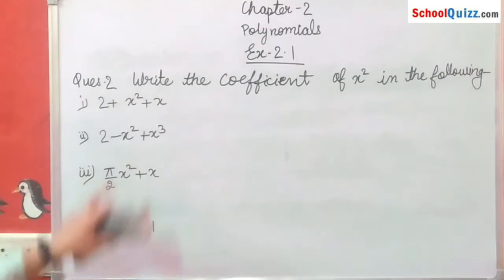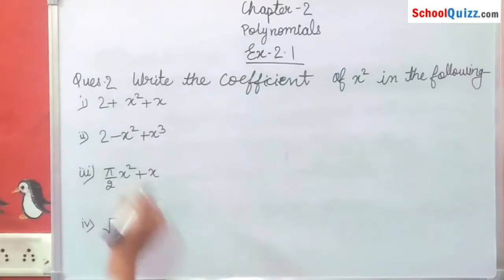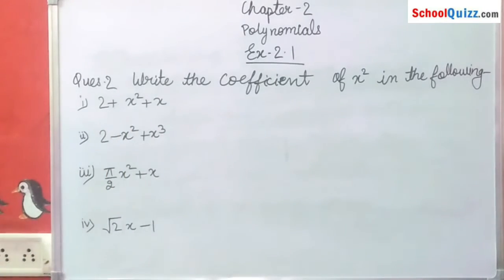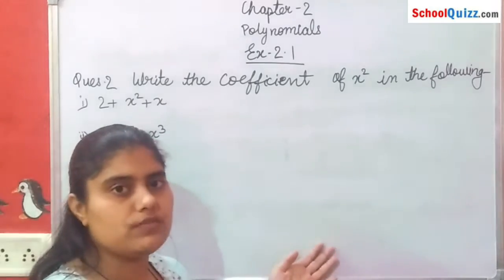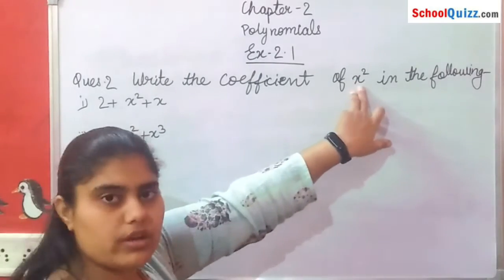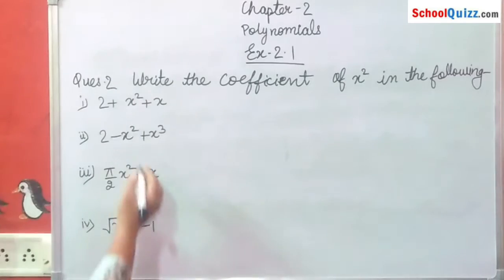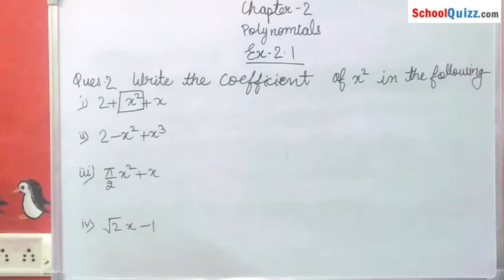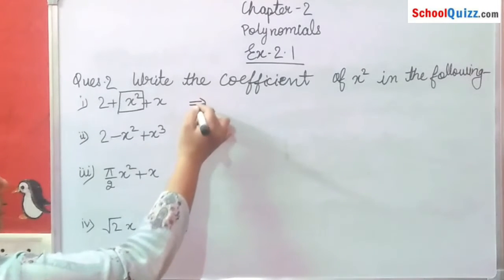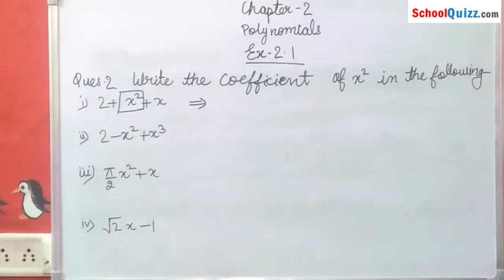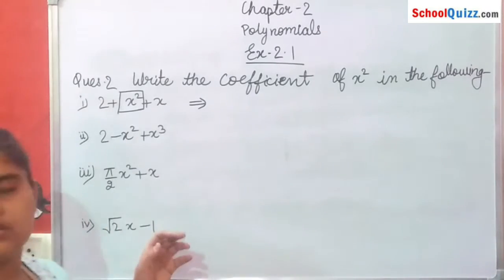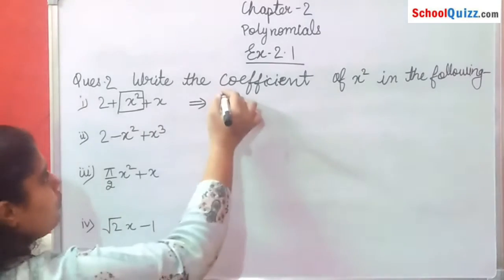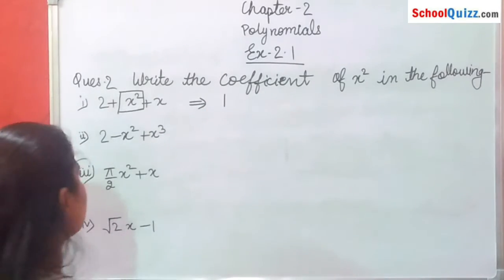Now in the first example, first question, we see that 2 plus x square plus x is the expression. अब हमसे पूछा किसका कोफिशिएंट है, whose coefficient is asked to us. x square का कोफिशिएंट हमसे पूछा है, so we will see only the term x square here. x square के साथ में कोई नंबर लगा हुआ नहीं है, so here the number is only 1, so here the coefficient of x square is 1.